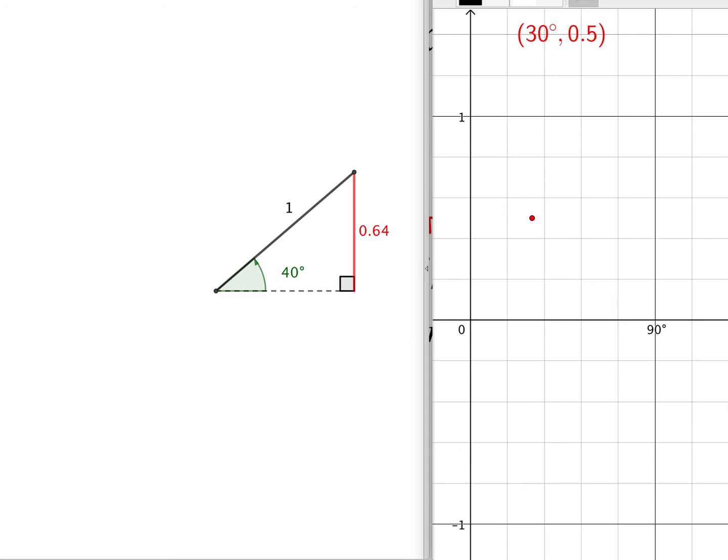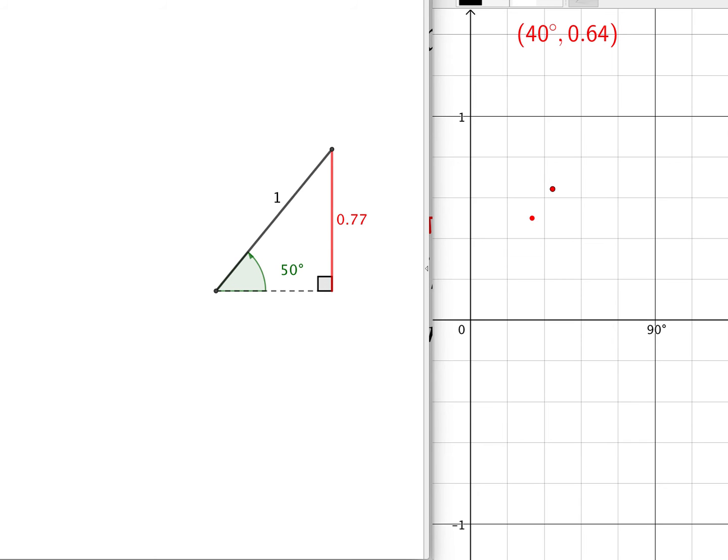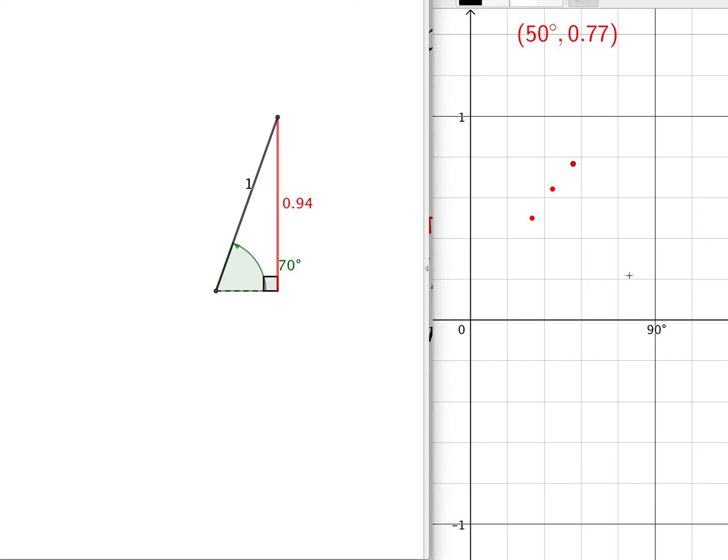So on the other side, I can plot 40 degrees input, 0.64 output. Go to 50 degrees, it's 0.77, and plot it. Now you can keep that up, plotting, in this case at 10 degrees intervals.